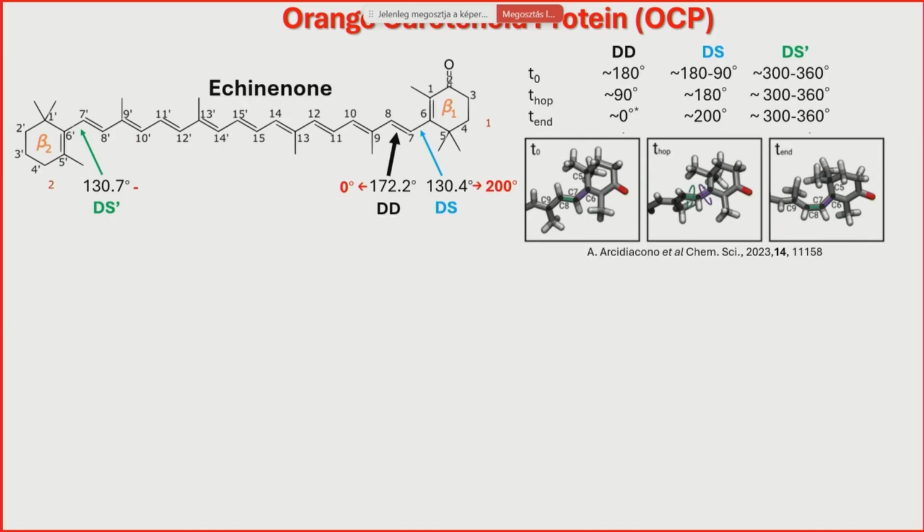We have a rotation from 180 degrees, the computed value here, down to 0. For the ds dihedral here, it goes up to 200, while the ds prime on the other side stays mostly stable from the starting point to the hop to the end product.